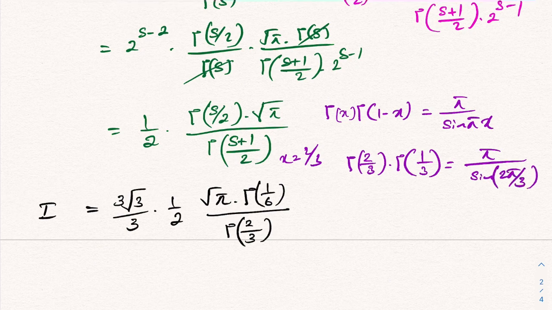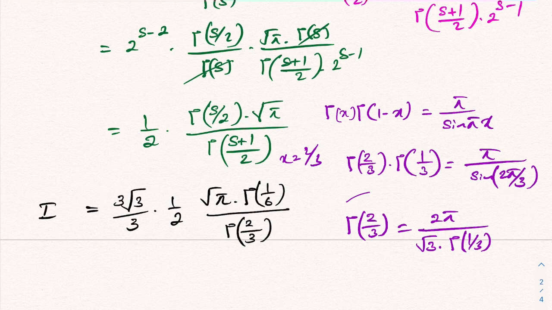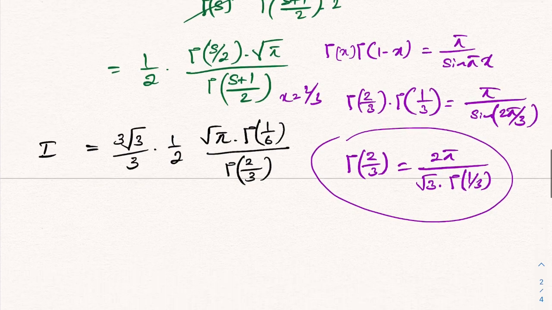So we can isolate the gamma of 2 over 3. We know gamma of 2 over 3 is equal to, here sine of 2 pi over 3, so we have 2 pi over square root of 3 times gamma of 1 over 3. So we have gamma of 2 over 3.